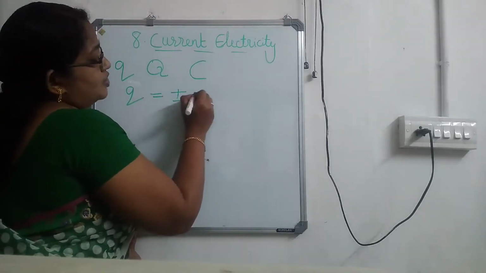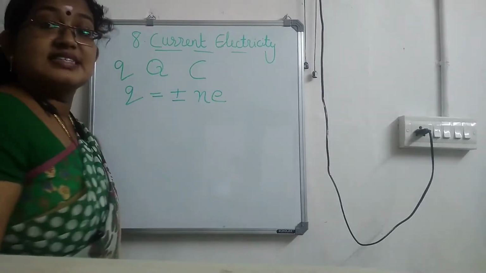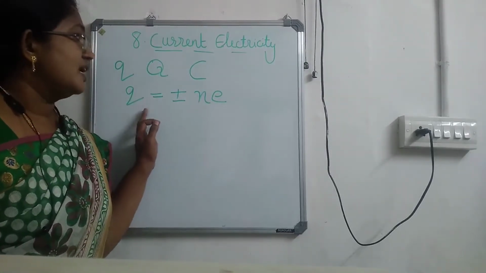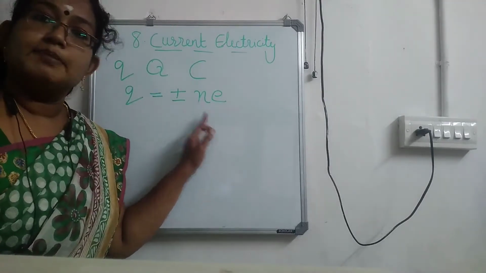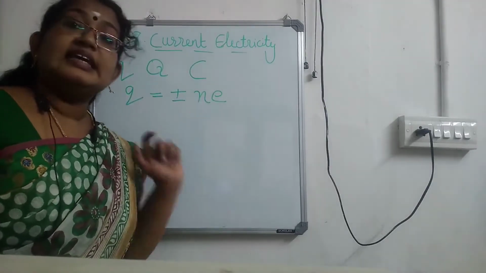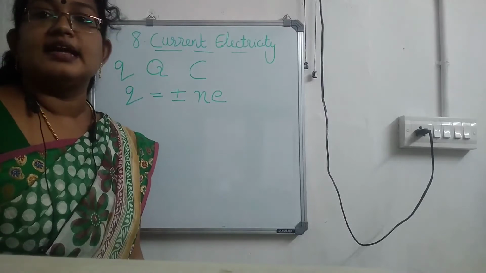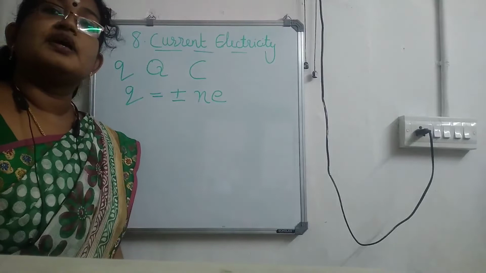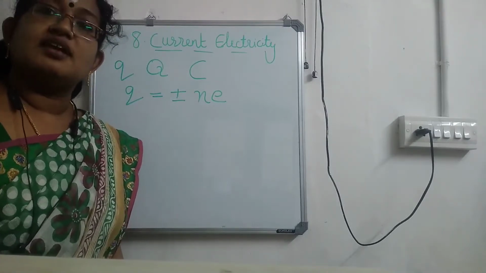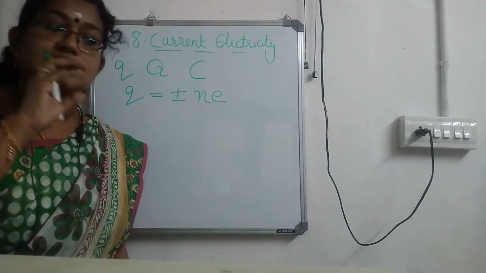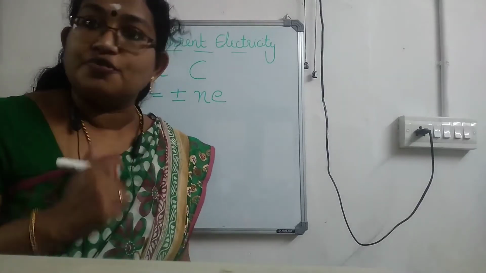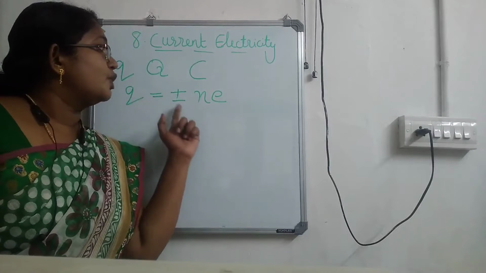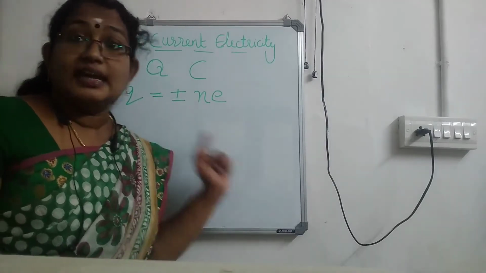Q is equal to plus or minus Ne, where Q stands for the charge, N means number of electrons and e is the charge of an electron. Already I told you the charge of a body will be generally represented as the deficit or excess of electrons. That is why we are writing it as Q equal to plus or minus Ne.